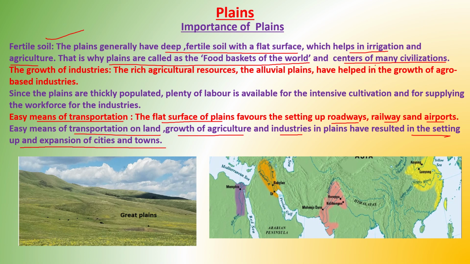As I have told, the plains are the centers of many civilizations. All the ancient civilizations like those of China, India, Mesopotamia or Egypt took place in the river valleys of the Hwang Ho, Yangtze, Indus Valley river civilization, then the Tigris Euphrates rivers or the Nile River.